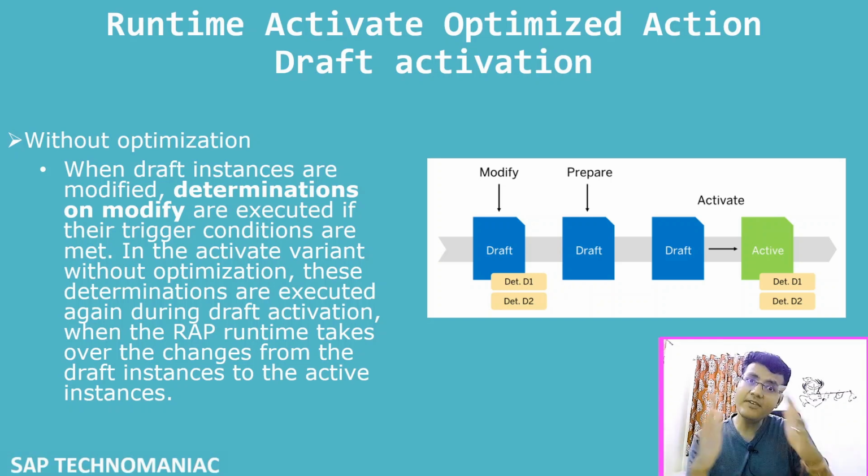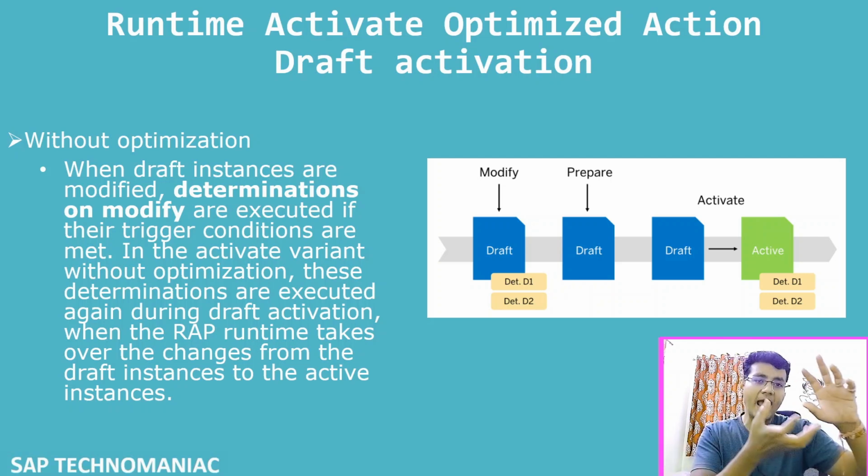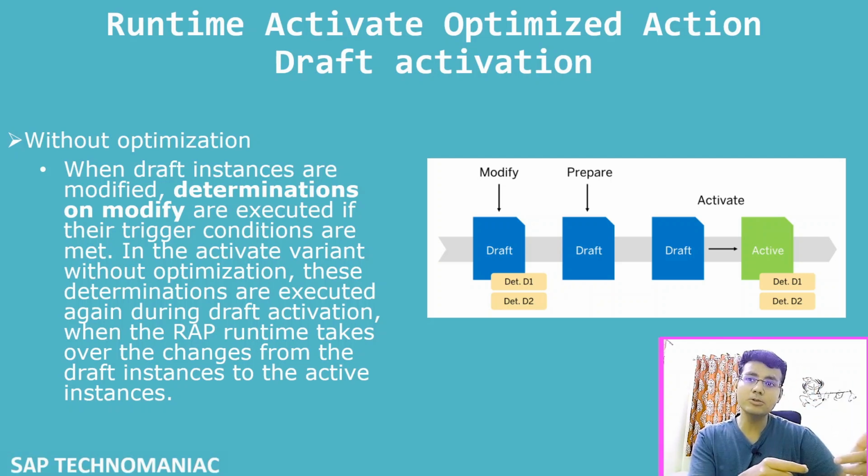But when we activate the data using the activate action button, you are creating the active instance from the draft instance. That time also, those modifications which we have defined in the determination will be called again on the active instance as well.